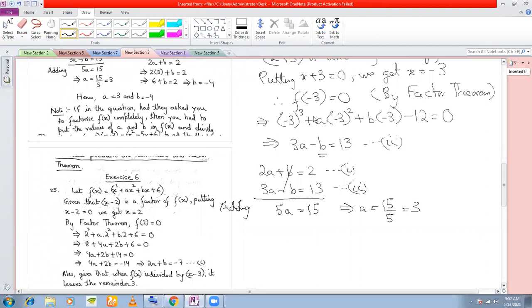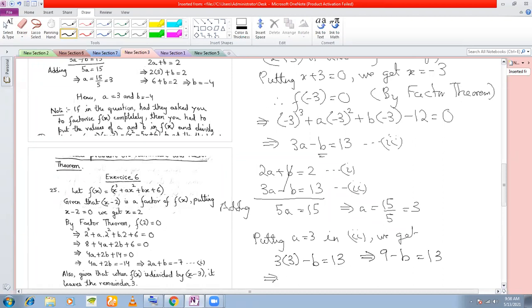Right? So you got the value of a. Now you put it in any of the equations to get the value of b. Let us put a equal to 3 into 3a minus b equal to 13, so 3 into 3 minus b is equal to 13. 9 minus b is equal to 13.